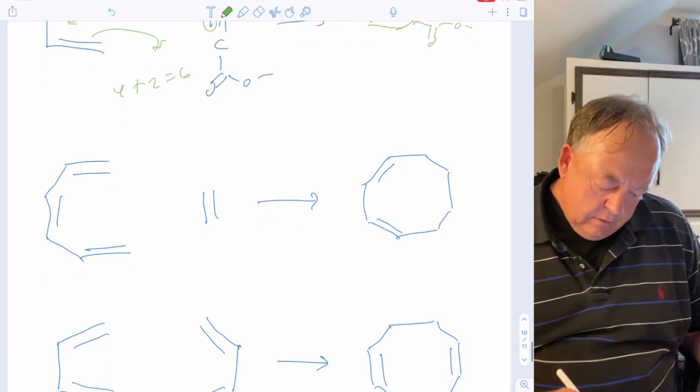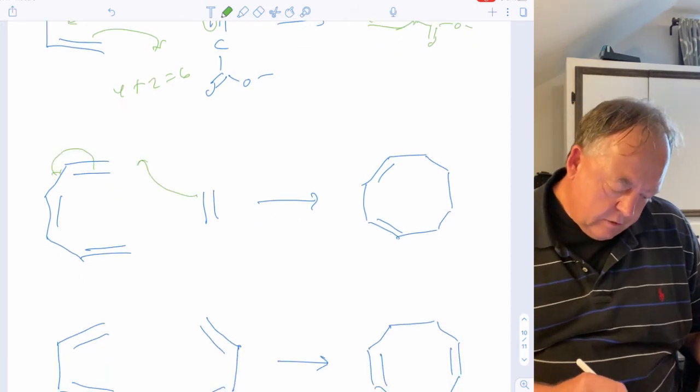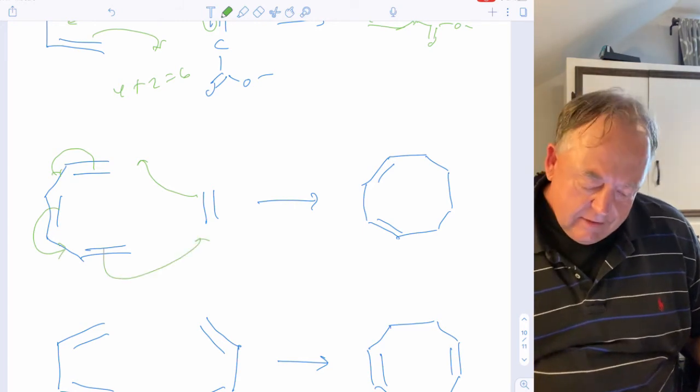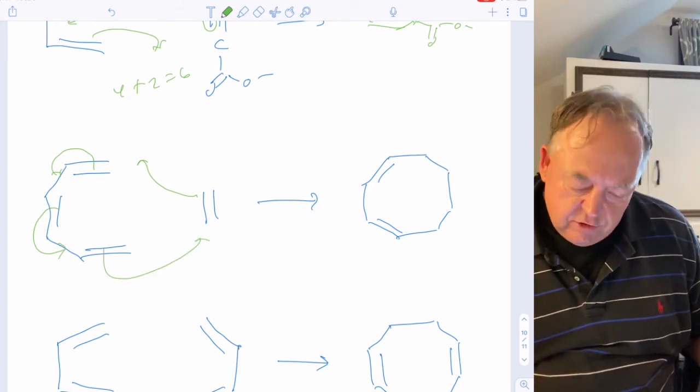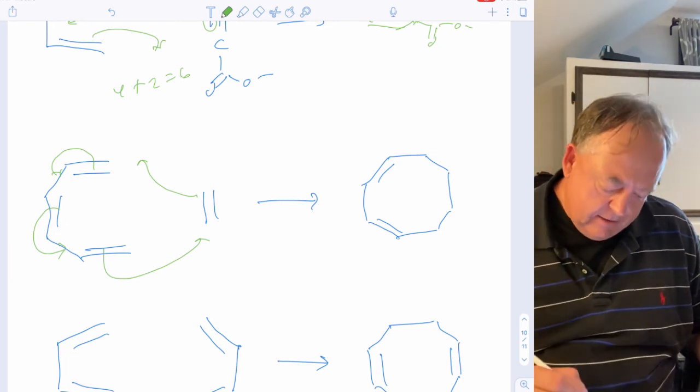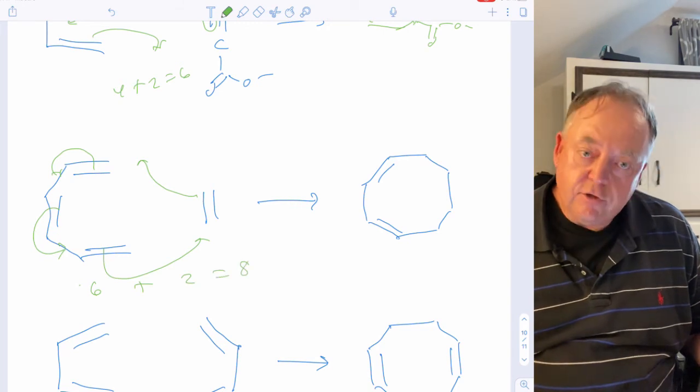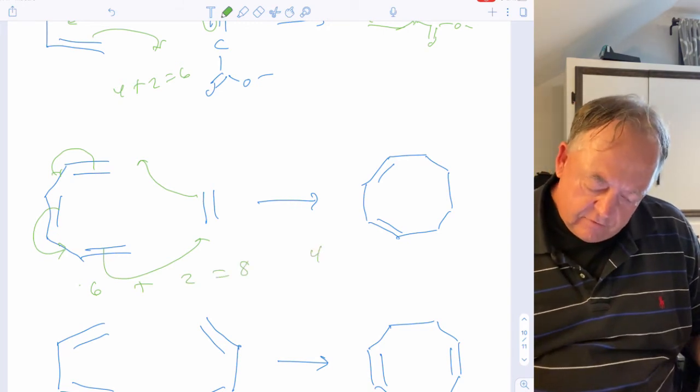If you did this one, so those go there, those go there, those go there, these go here, and you would make this 1,3-cyclooctatetraene. How many electrons is that? Well, this is 6 electrons plus 2, that's 8 electrons. 8 electrons fits a 4n system.